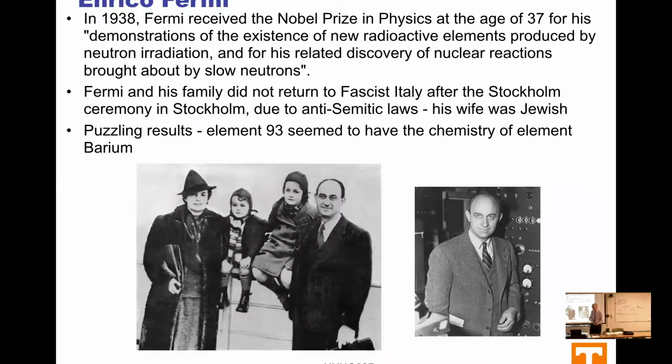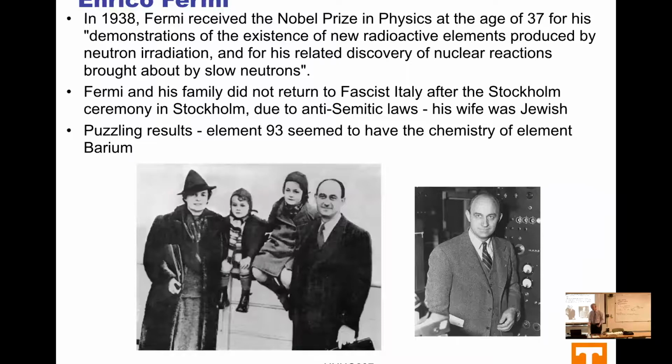He got a Nobel Prize because by 1938, Mussolini had taken power in Italy. He had a pact with Hitler, Italy and Germany. In Italy, by this time, if you were Jewish, you couldn't leave the country. Hitler was driving Jews out of the country to get rid of these evil people. Mussolini's law was if you were Jewish, you couldn't leave the country. And so Laura Fermi had a mother who was Jewish.